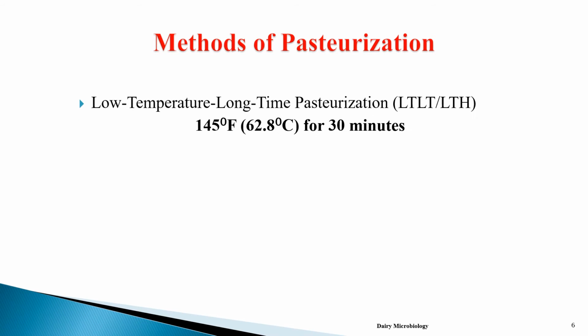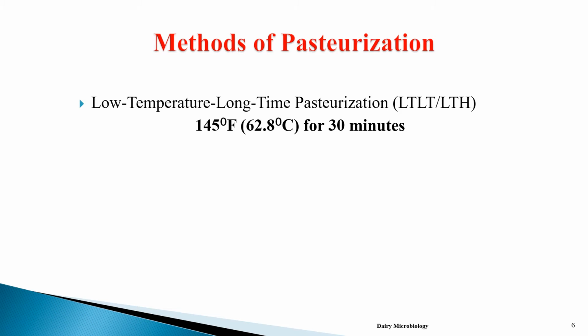So next is methods of pasteurization. The first method of pasteurization is low temperature long time pasteurization, that is LT pasteurization, also called low temperature holding pasteurization, that is the LTH method of pasteurization.